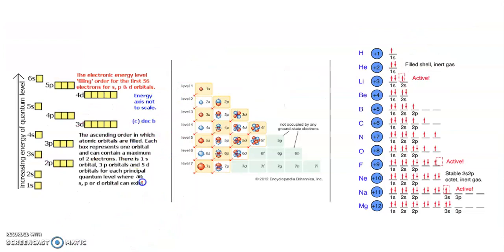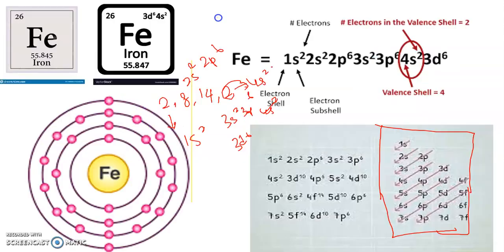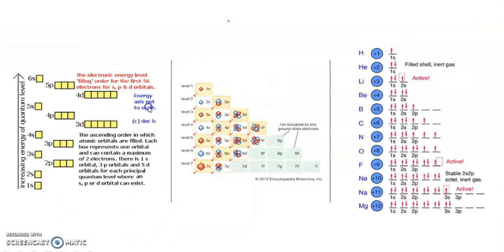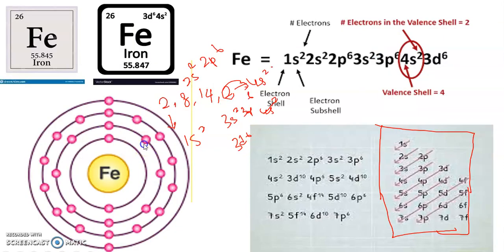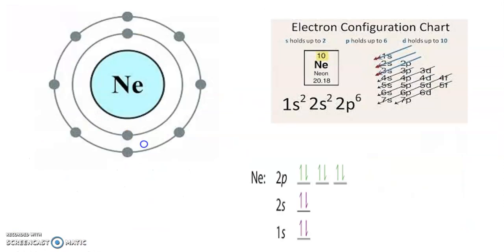So the energy of this level has been determined by using quantum theory. That's why we will have this table. This is the simplification of what has been determined by using quantum theory.